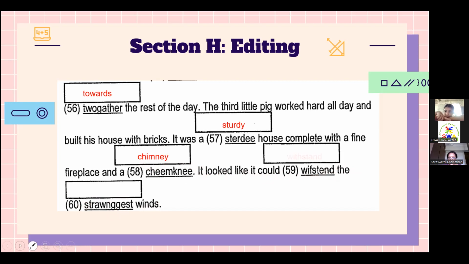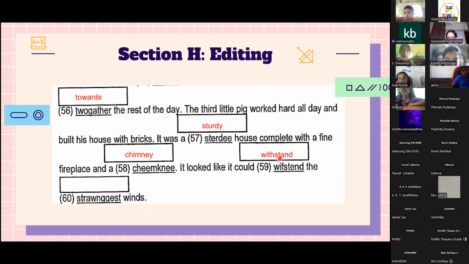Withstand, right? Spell withstand. W-I-T-H-S-T-A-N-D. Very good. Withstand. The strongest winds. Can somebody spell strongest for me?